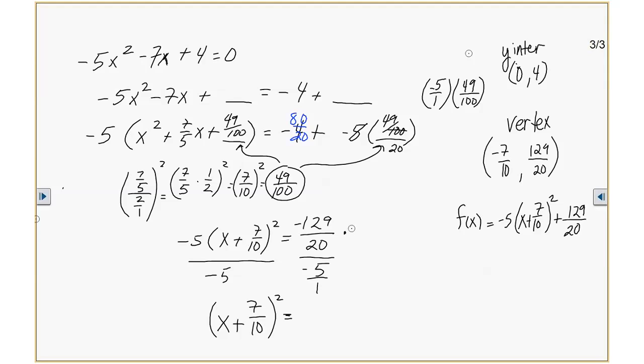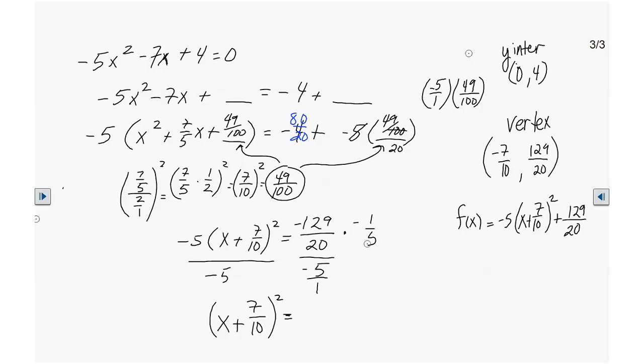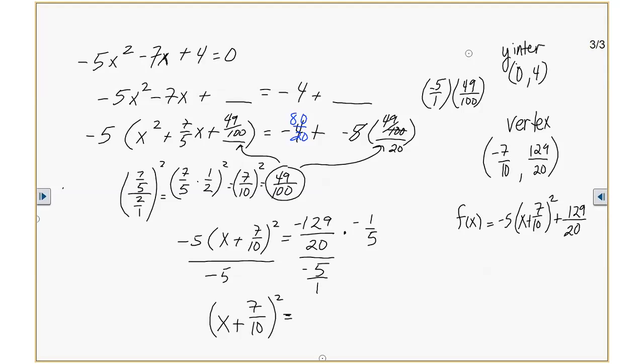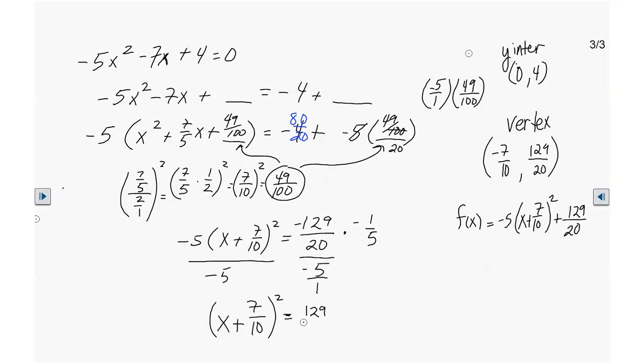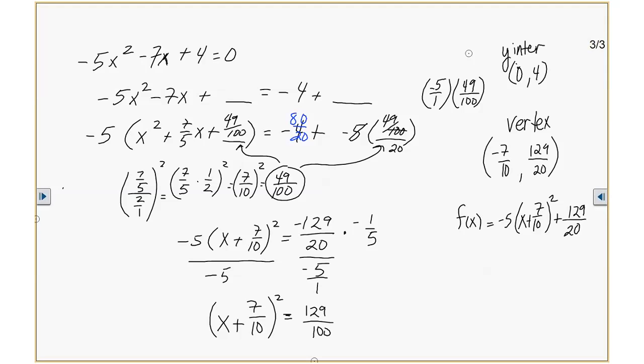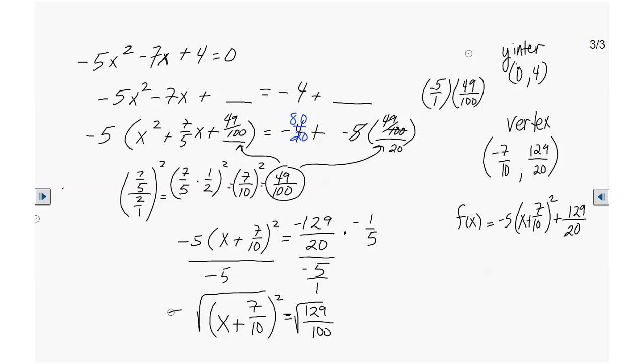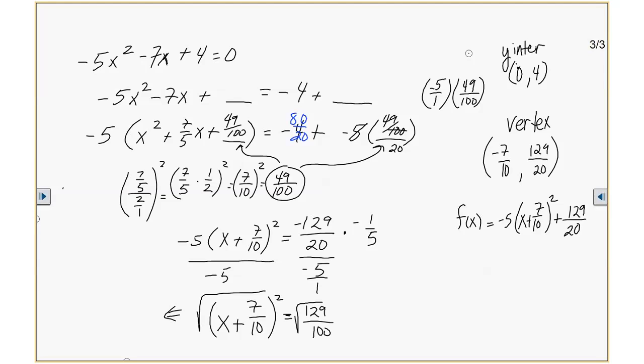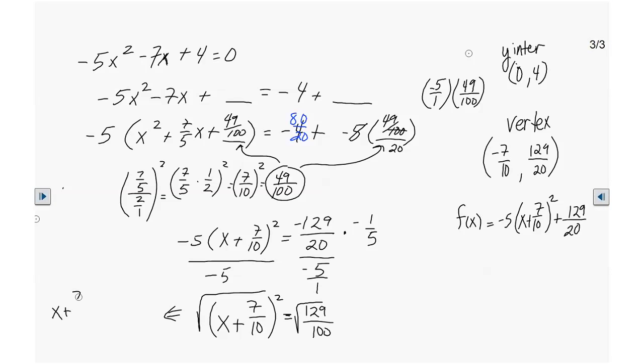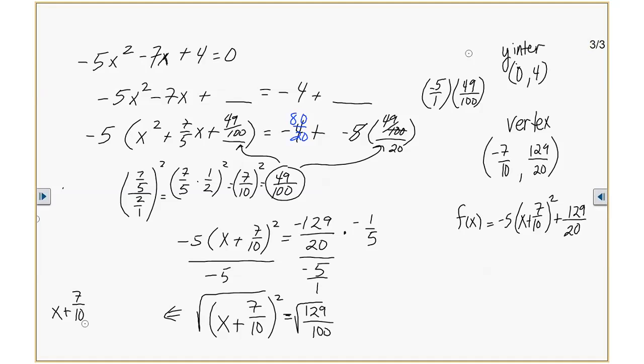Multiplied by negative 1 over 5, and that will give us positive 129 over 100. Take the square root of both sides. And that's going to give us x plus 7/10 is equal to square root of 129 over 10.